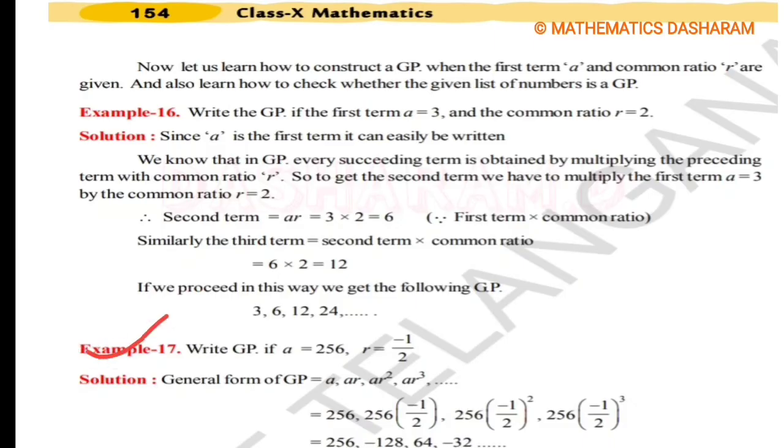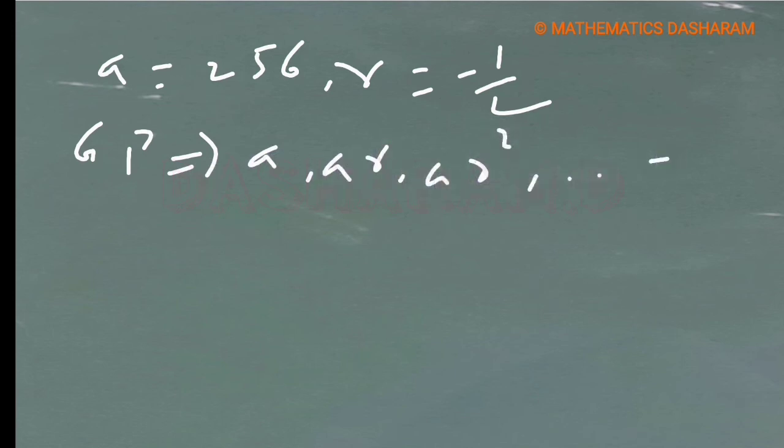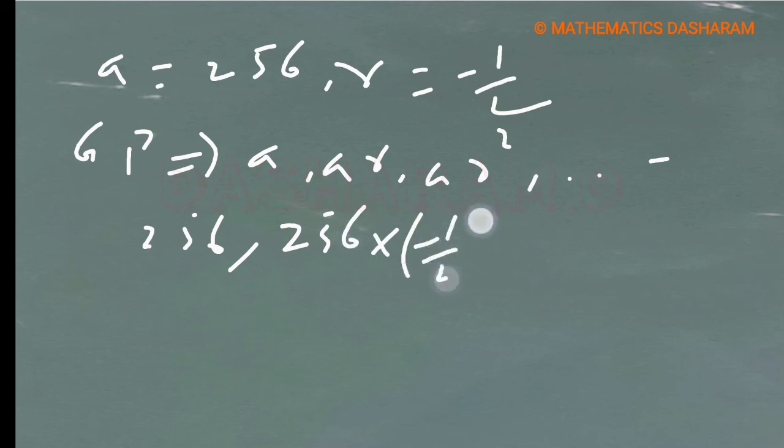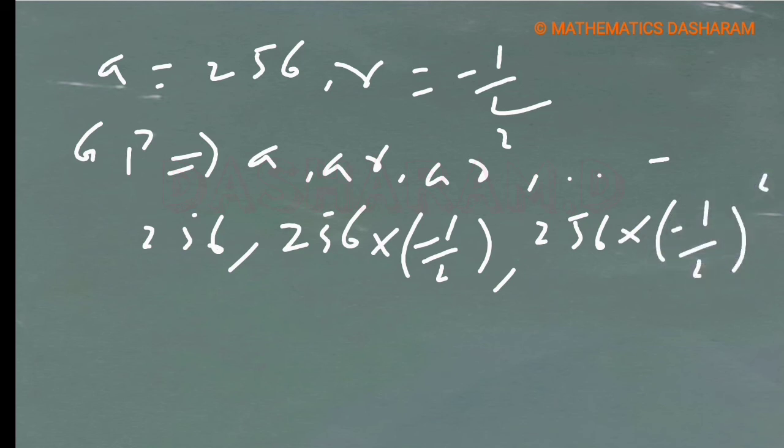Next example 17: write the GP, A value 256 and R value minus 1 by 2. So same as example 16. See here the GP is A, AR, AR square, and so on. A value 256. AR is 256 into minus 1 by 2, AR square is 256 into minus 1 by 2 whole square.